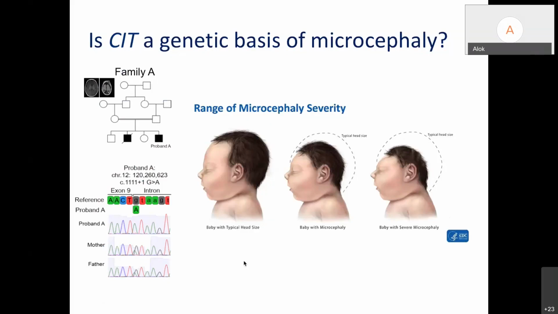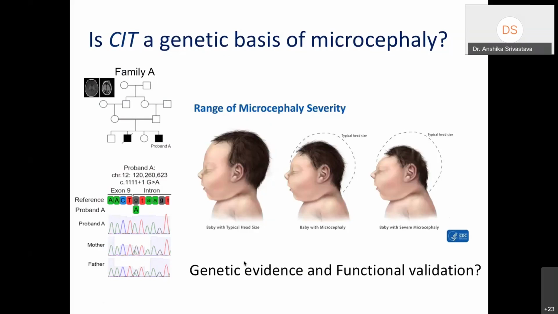Okay. So in family A, we identified a splice variant, for which we need genetic evidence and functional validation. For that, we need additional variants.